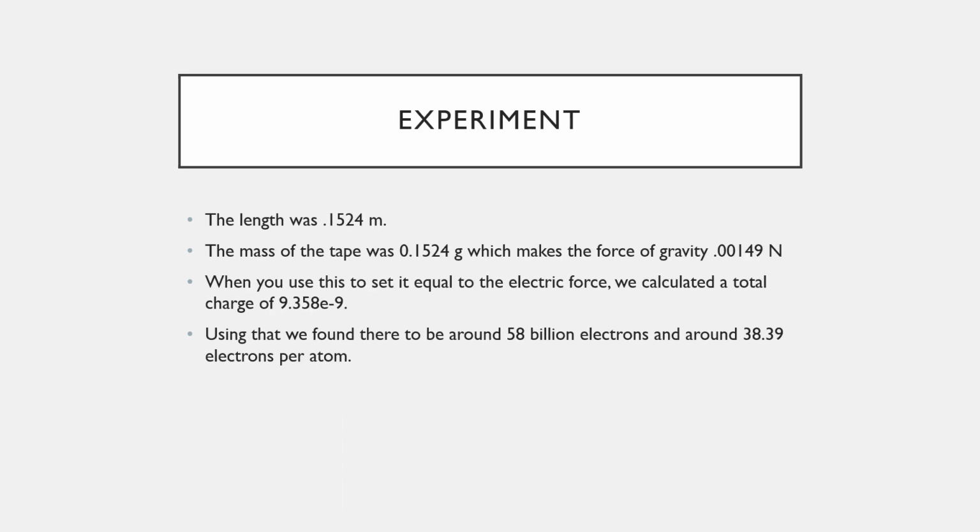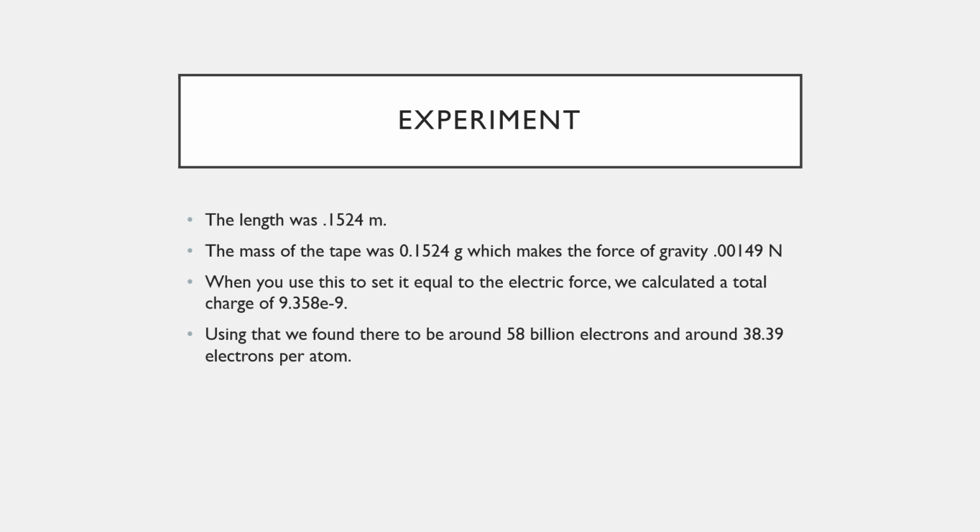So for an experimental overview, the length of the tape that we suspended was 0.1524 meters, which meant that the mass was 0.1524 grams, and when multiplied by negative 9.8, we got a force of gravity of 0.00149 newtons acting on the piece of tape.